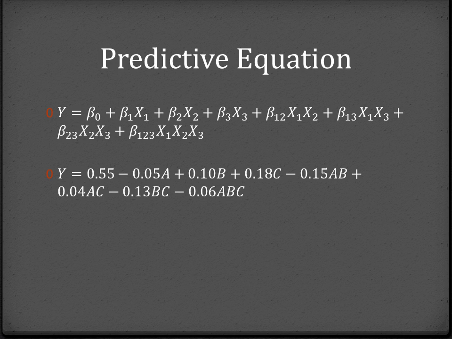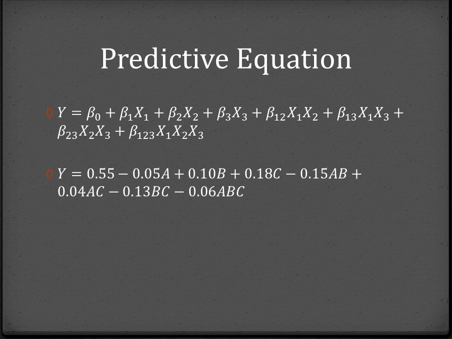If we took our 8 trials for one of our combinations, let's say Sprite at a low temperature at a low height, we did that 8 times, and then we averaged all of those 8 trials. We did that for every single combination, and we had 8 combinations. So we took the average of all the averages, and that is our beta naught.